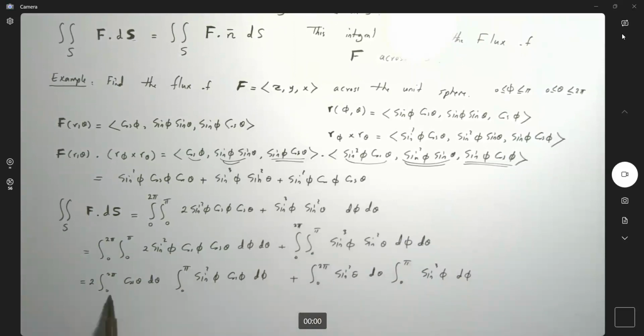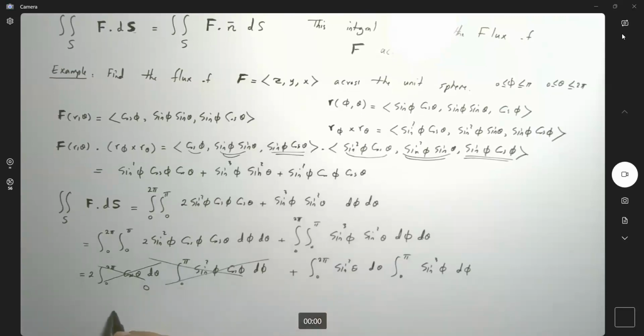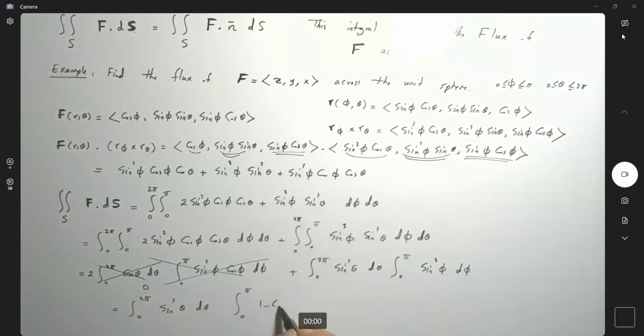Remember that when you take the integral of cosine theta between 0 and 2 pi, it is 0, and 0 times this integral gives you 0. So without calculation, you can get rid of that term and focus on the computation here. This becomes the integral 0 to 2 pi of sine squared theta d theta, and here you can use u-substitution, because it is the integral 0 to pi of 1 minus cosine squared phi times sine phi d phi.